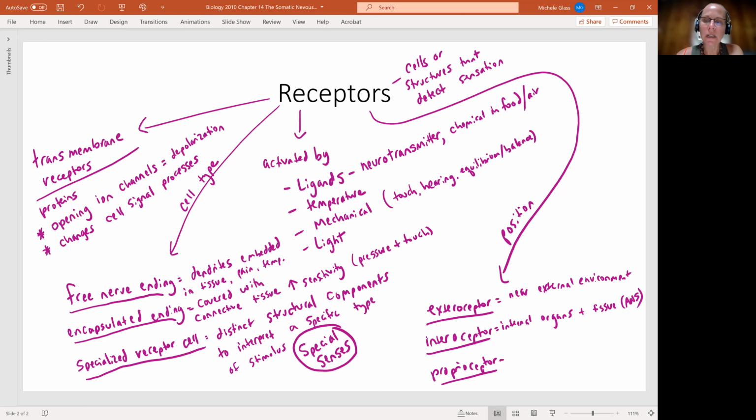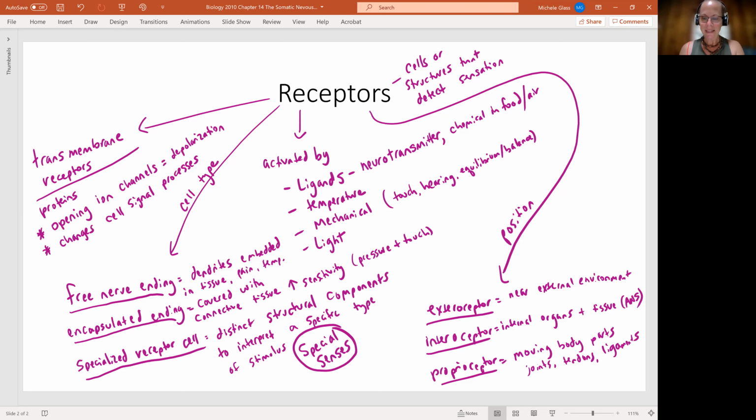And the proprioceptor is going to be detecting that sensation of proprioception, which remember is talking about the position of our body in space. And so here you're going to find these cells in moving body parts. So here, think joints, think tendons, think ligaments.